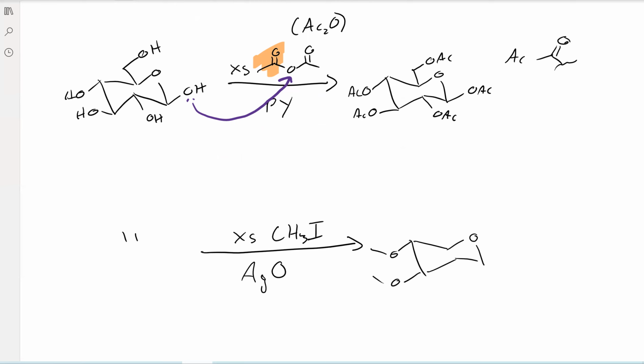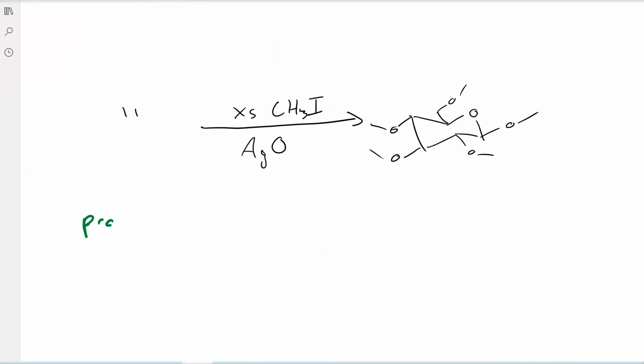Right, so we're going to make methyl groups out of all of these. And there's just going to be no selectivity. Right, it's not selective, and it's not selective because all of these oxygens are nucleophilic.